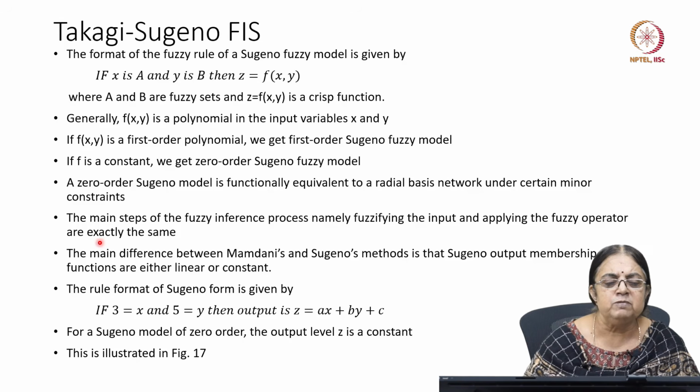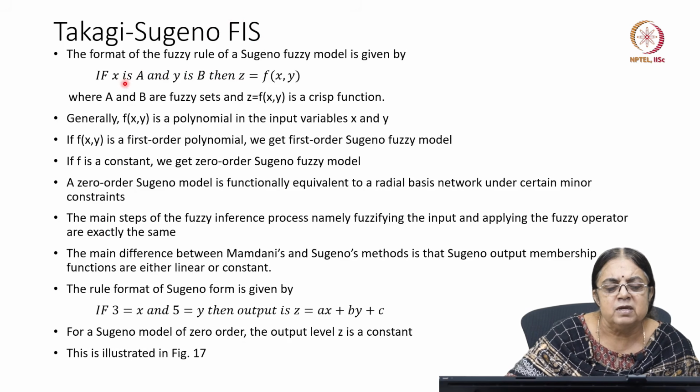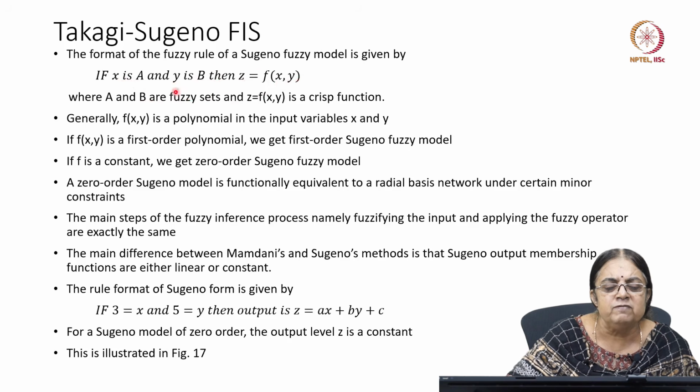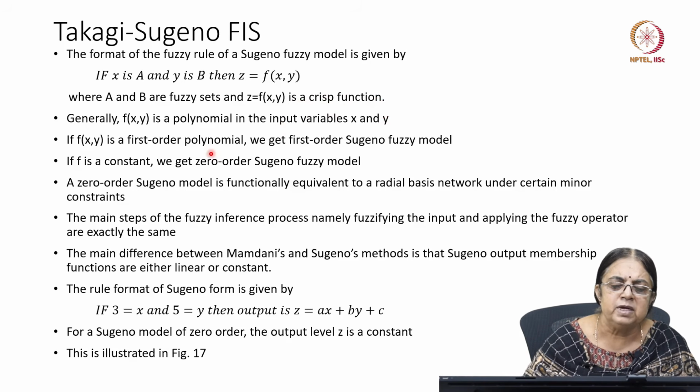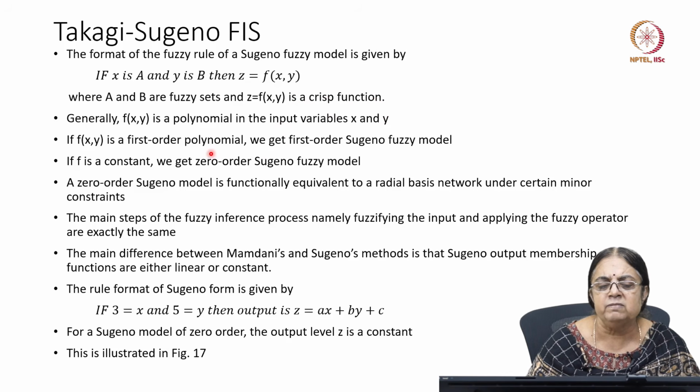The next type is what is called the Sugeno fuzzy inference system. So here the fuzzy rule is if x is A and y is B, then z is equal to f(x, y). Here A and B are the fuzzy sets which you have, and z will be the crisp function that you are basically looking for. So you are taking two values from the fuzzy sets and you are combining them with the crisp function.